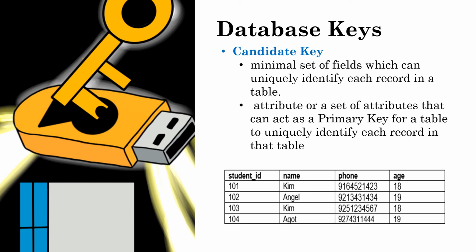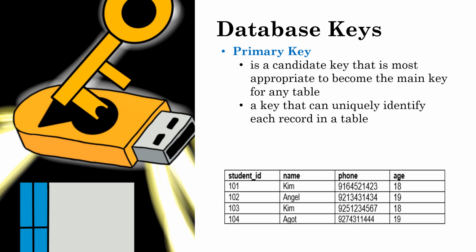So there are different properties of a candidate key. It must contain unique values, it may have multiple attributes, and it must not contain a null value. It should contain the minimum fields to ensure uniqueness, which uniquely identify each record in a table.